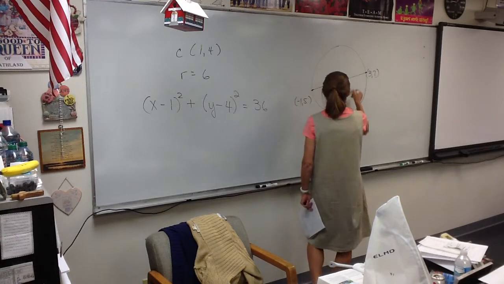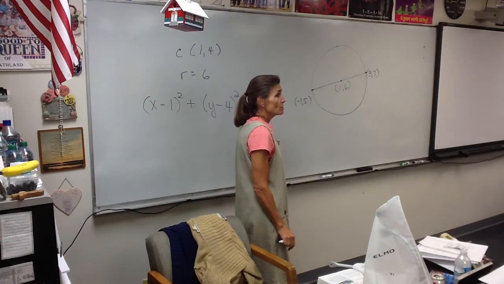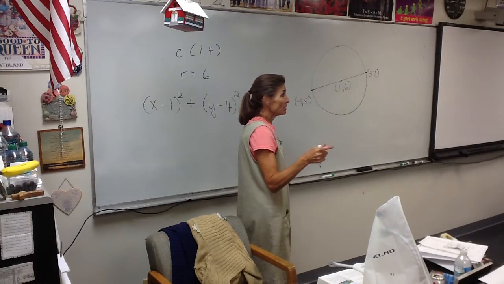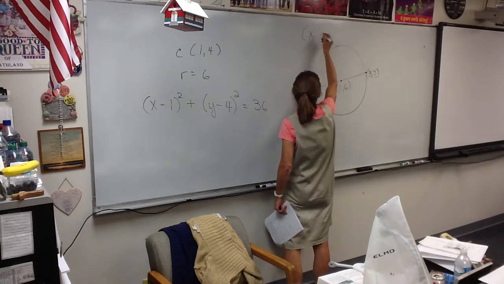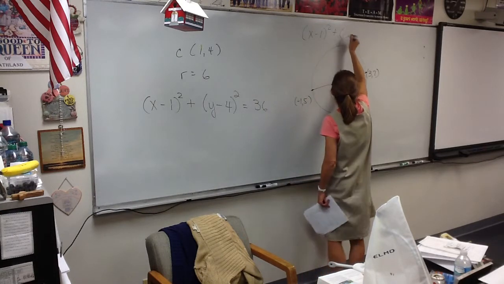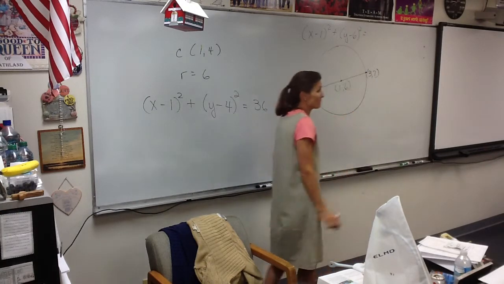So my center is (1, 6). Now I can start my equation, remembering what Thomas did in his example. It'll be (x minus 1) squared plus (y minus 6) squared equals something.